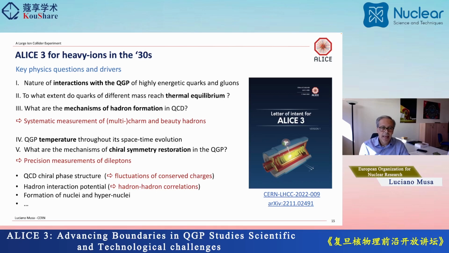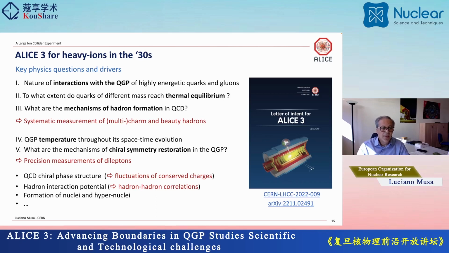So the ultimate goal would be really to have the measurement of the detailed momentum and temperature dependence of the diffusion coefficients, and as I said, a really detailed macroscopic description of the interaction throughout the evolution of the system.